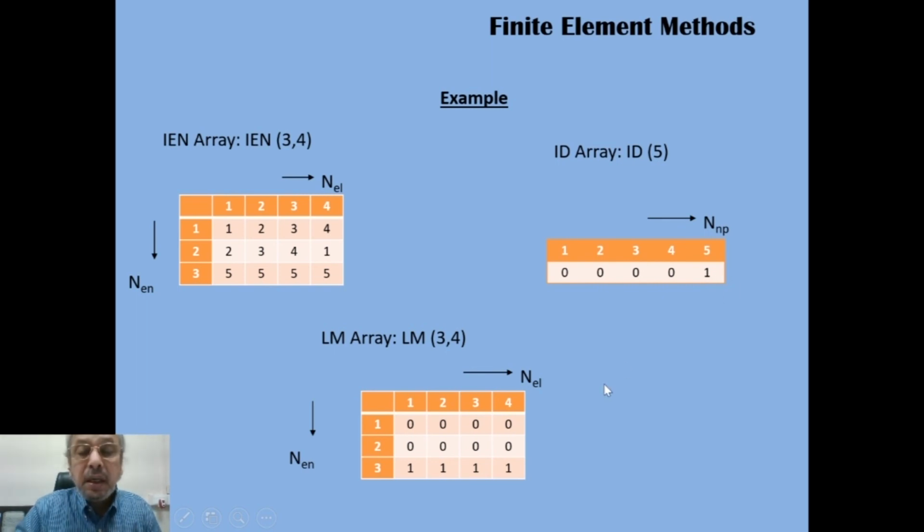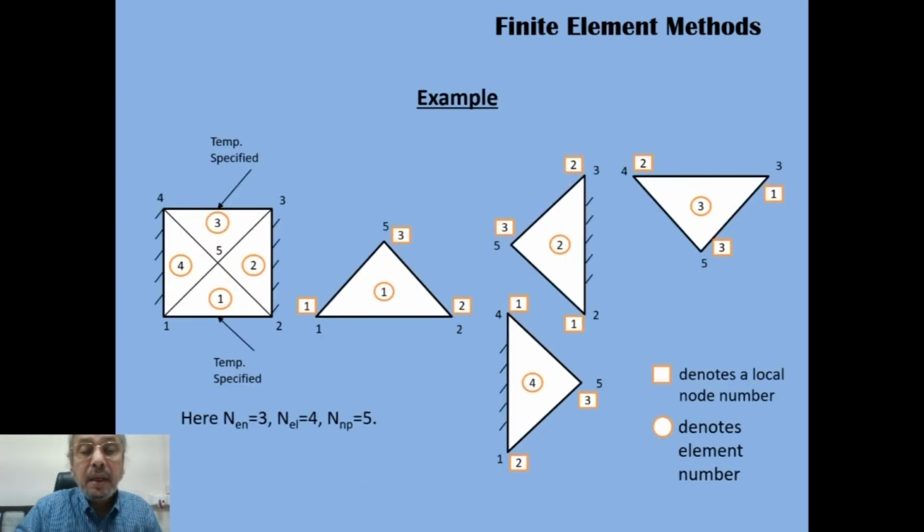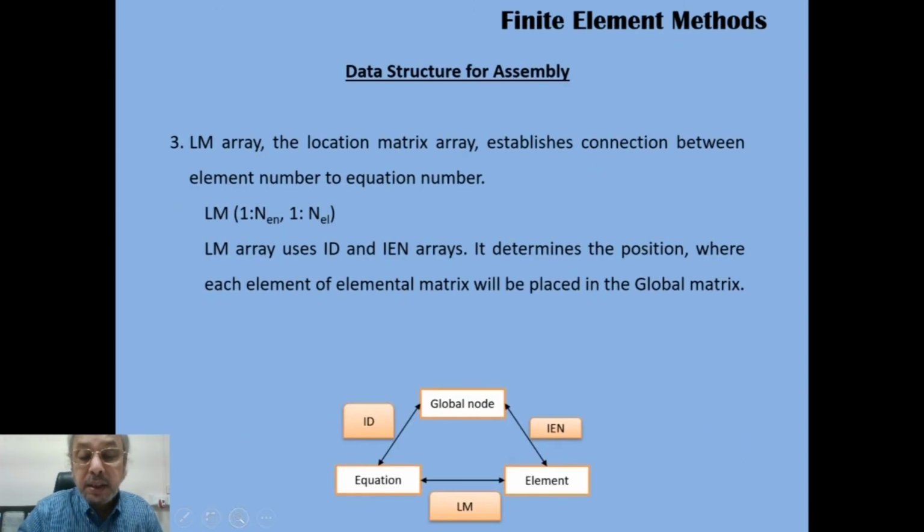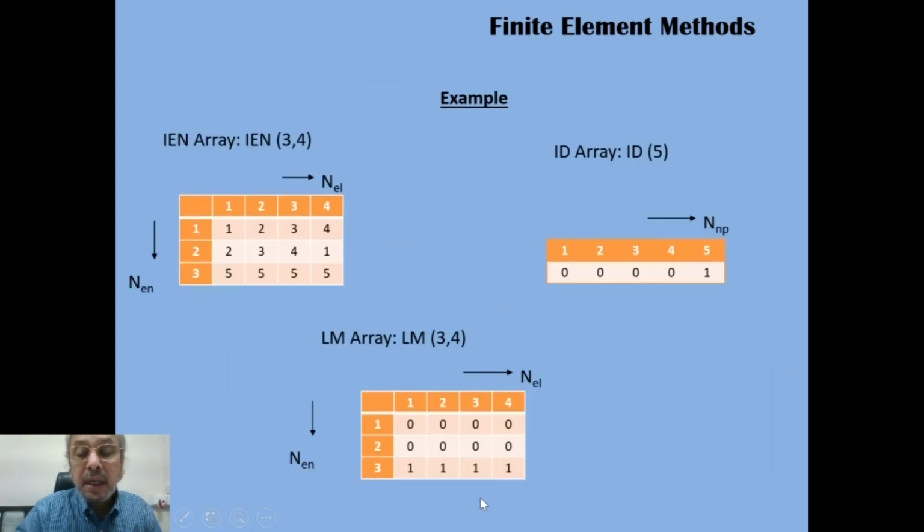Similarly, now we will go for the third array, the LM array as we defined here. This is the LM array, and here this is the element number, this is the local node number of the element, but whether that node of that element needs an equation or not.